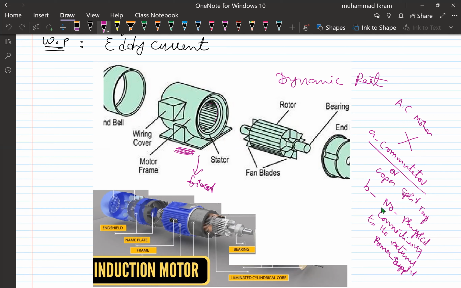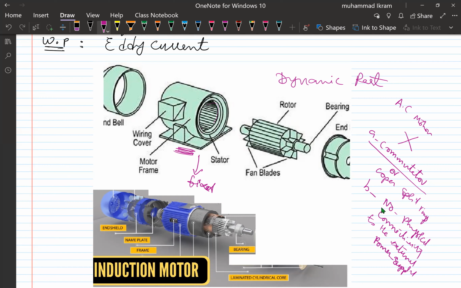Now, when the stator electromagnet is provided with current, so here you see the wiring, a magnetic field is produced. The rotor part also consists of electromagnets, also arranged in a cylindrical form with the poles facing towards the stator poles, right?